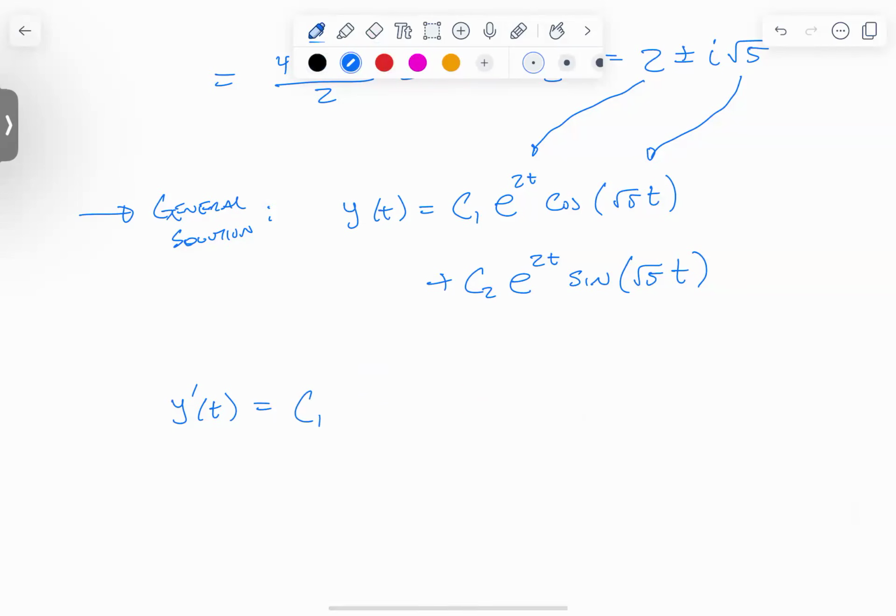So this is first, C1 first. Derivative of the second. It's the second.